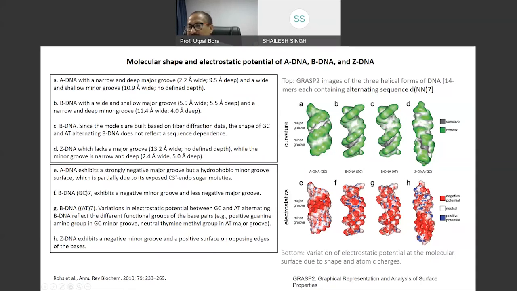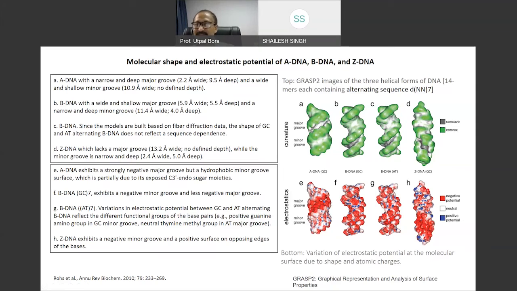The red one reflects the negative potential, the white one the neutral potential, and the blue one the positive potential. So you can see that for the same alternating sequence, this GC repeated 7 times, the electrostatic potential on these molecules is different. So this shape as well as this electrostatic potential governs the binding of DNA to this molecule. This is what I want to highlight at the end of this slide.